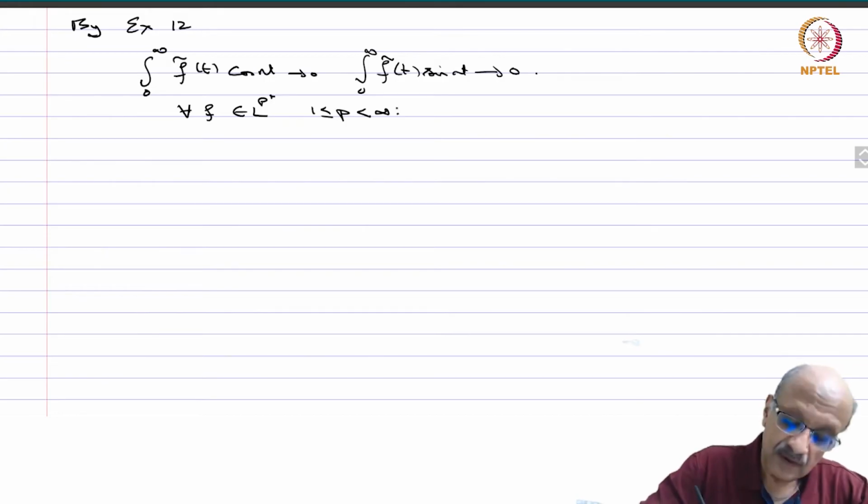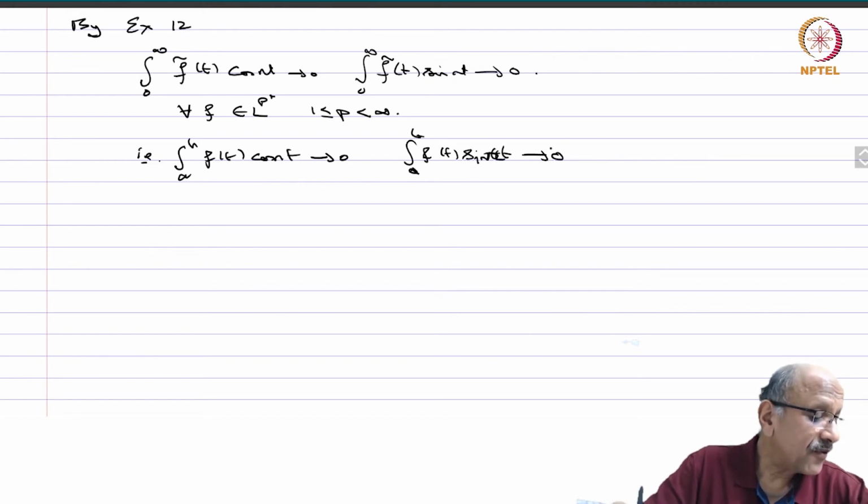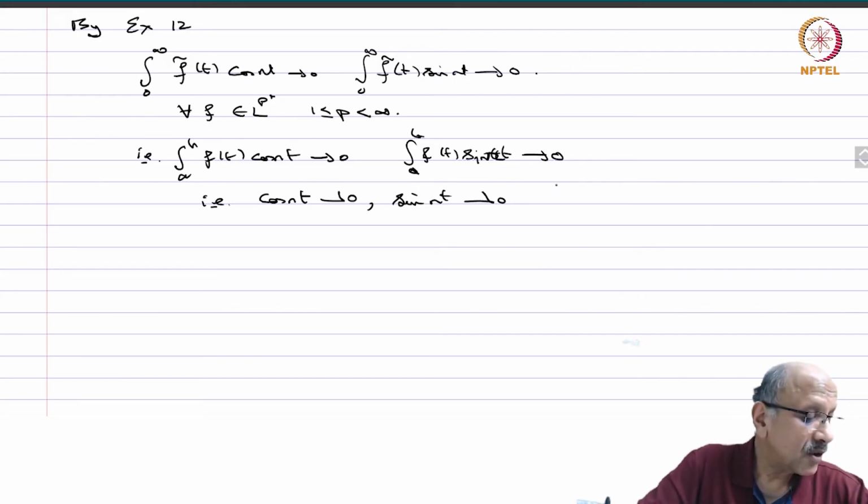Okay, that means the integral from a to b of f of t cos n t tends to 0, and the integral from a to b of f of t sin n t tends to 0 for all such f, and that is cos n t tends weakly to 0, sin n t tends weakly to 0 for all 1 less than or equal to p less than infinity.